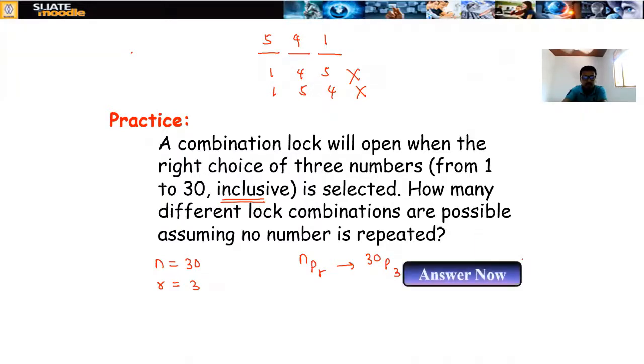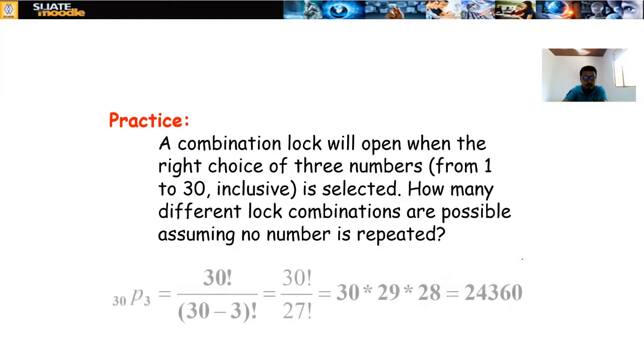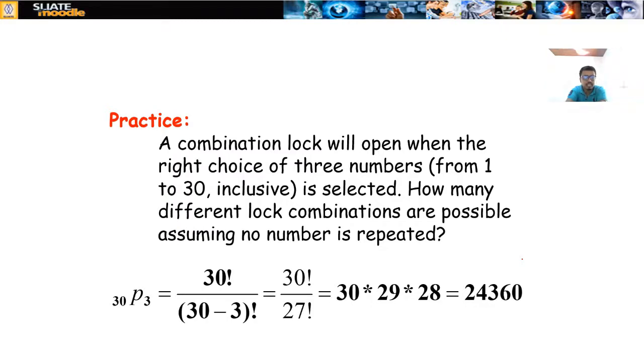So what should the answer be? 30P3 is 30 factorial divided by n minus r factorial, that is 27 factorial. 30 into 29 into 28 is 24,360. The same thing we can directly take from the calculator as well.